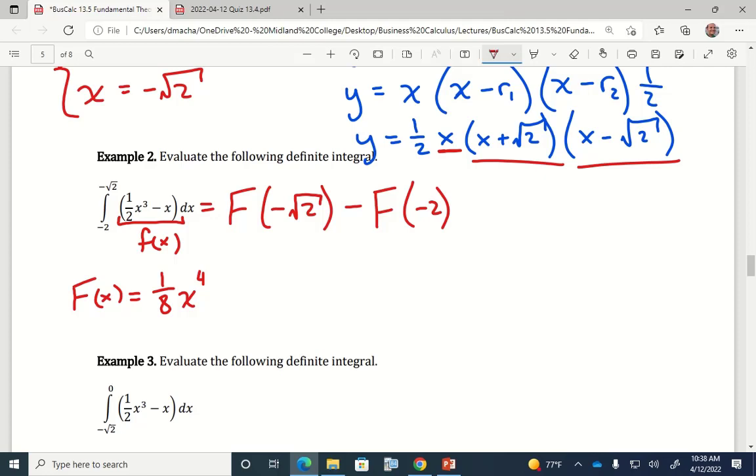When you do the antiderivative power rule, you add 1 to your exponent, and then you divide that term by your new exponent. So we just went up from 3 to 4, and then we divided 1/2 by 4, and 1/2 divided by 4 would be 1/8. 2 times 4 is 8, so that would be 1/8. And then the antiderivative of negative x is going to be negative what?